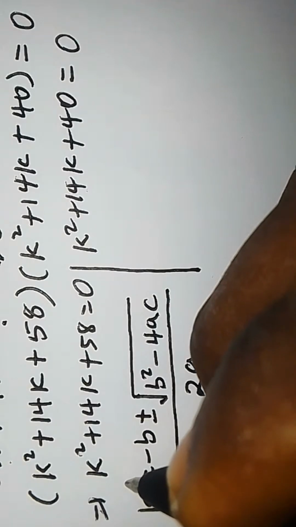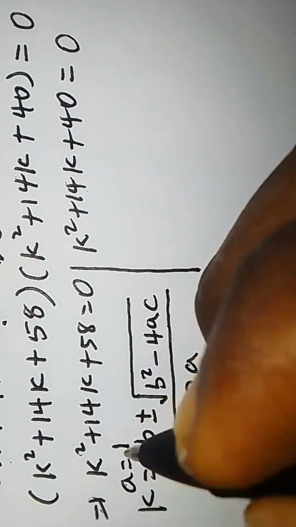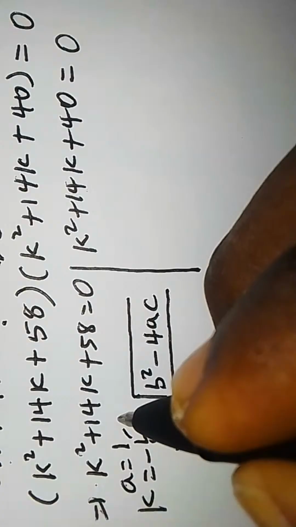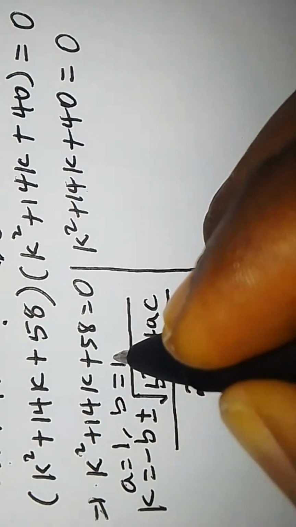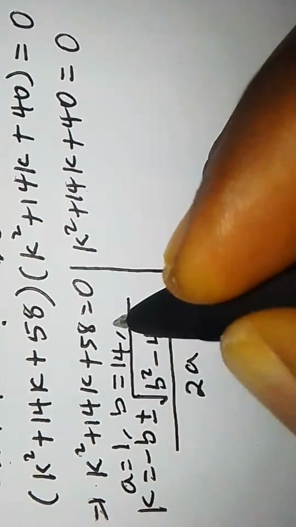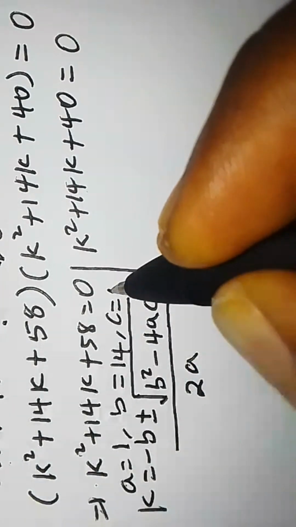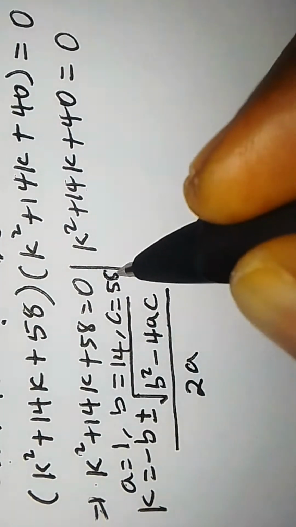From this equation, the value of a is 1, that's the coefficient of k squared. And b is equal to 14, coefficient of k. And c is equal to what? It is equal to 58.